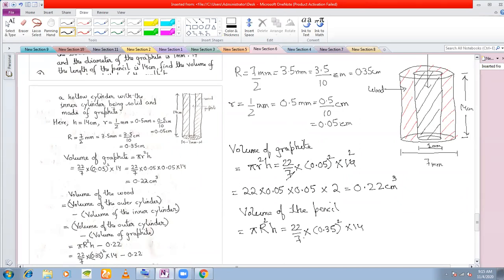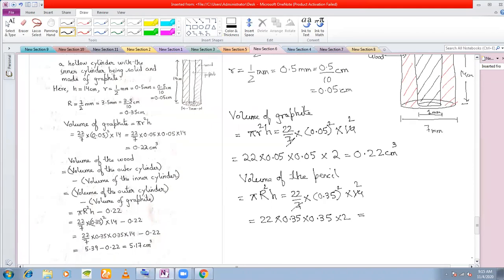Height is 14. This comes out to be 5.39.